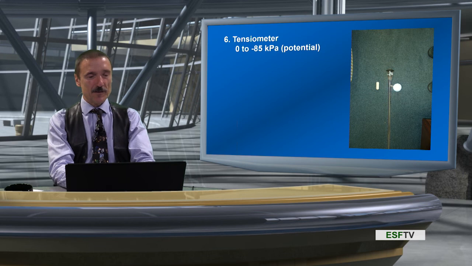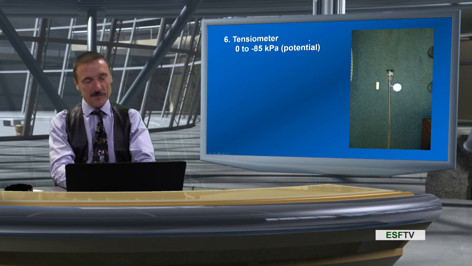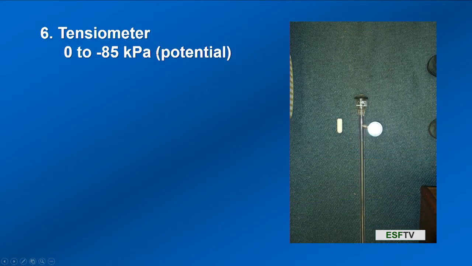Tensiometer. These are for very low potentials, nowhere near wilting point. A little bit past field capacity, so they tell you when the soil is moist. A tensiometer uses a column of water. In this picture, this is essentially a porcelain tube, and there's a gauge that measures the tension, or negative pressure.